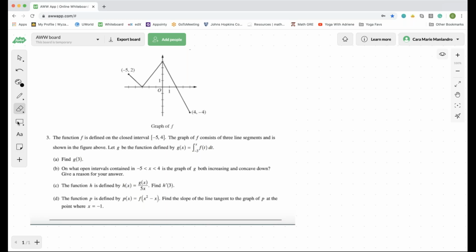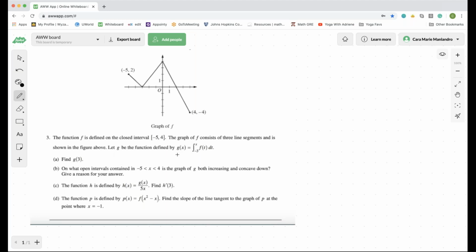Okay, we have a function f on the closed interval from -5 to 4. The graph of f consists of 3 line segments and is shown in the figure above.